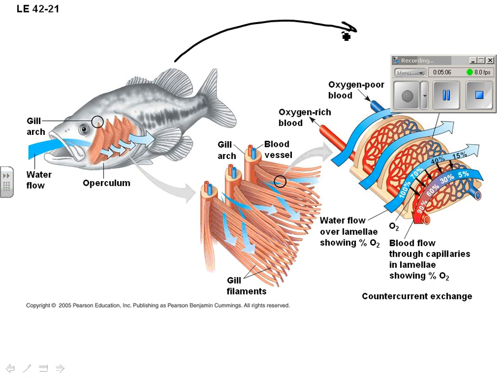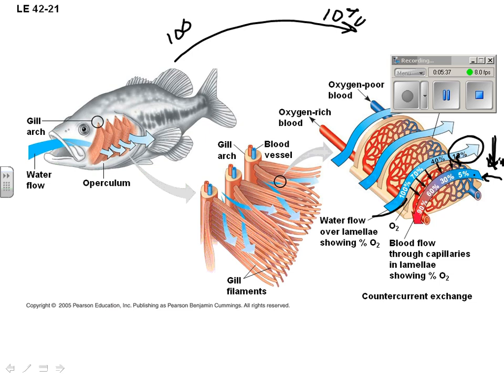As water goes this way, it goes from 100%, let's say, down to 10%. They use 15 here. As water comes in, it's at 100%. Blood is coming from this direction. So the blood that enters the gill is really low in oxygen. The water is low in oxygen, but you still get a net movement from 15% oxygen to 5. There's a higher partial pressure of oxygen here than here, and oxygen moves in that direction.